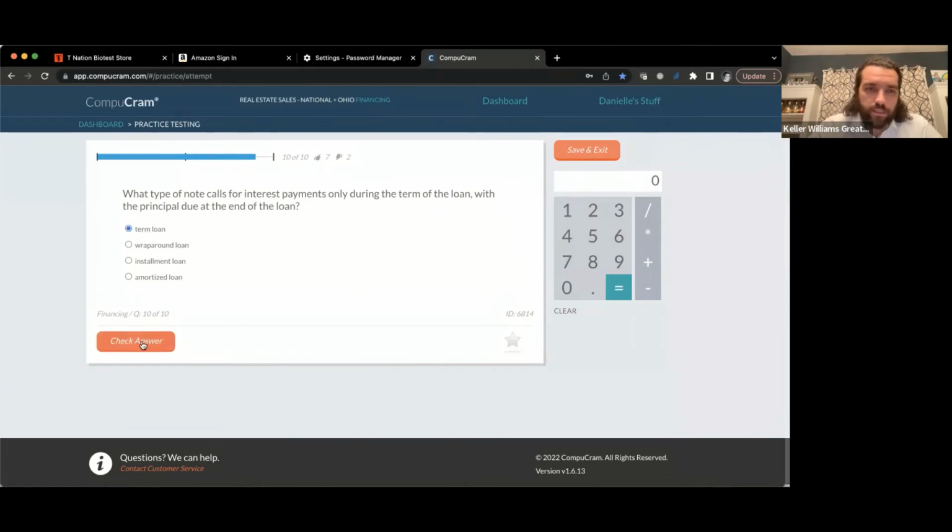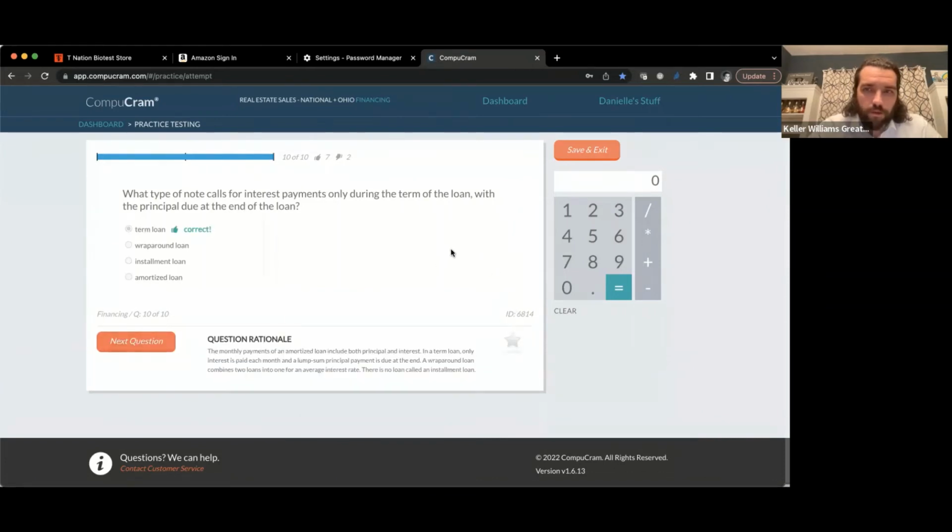This is known as a term loan. Amortized loans are where you pay the same amount each time, a little bit of interest and principal. A wraparound loan combines two loans and averages the interest rate, and there is no such thing as an installment loan.